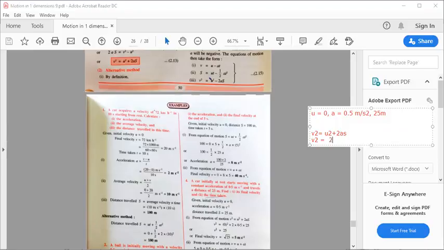So 2as, 2 into 0.5 into 25. So 25 twos are 50. 50 into 0.5 is 25. So v square is 25.